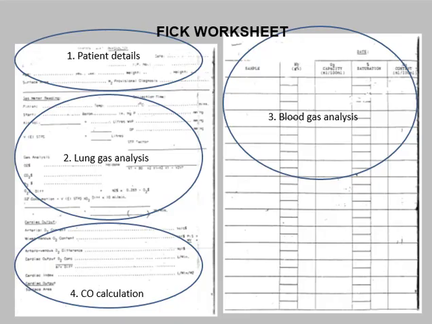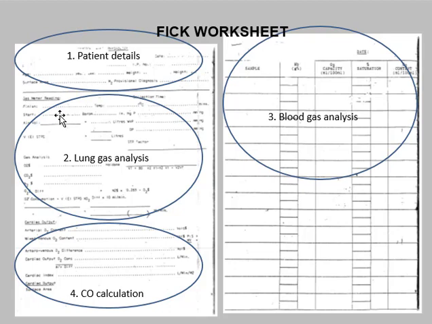To do a worksheet requires 4 sets of collections of data. And I've used the same worksheet for 20 years and longer until we stopped doing it. We need our patient details, height, weight, age, and sex. We need to do a lung gas analysis. First collect the exhaled gases over a period of 2 to 3 minutes.